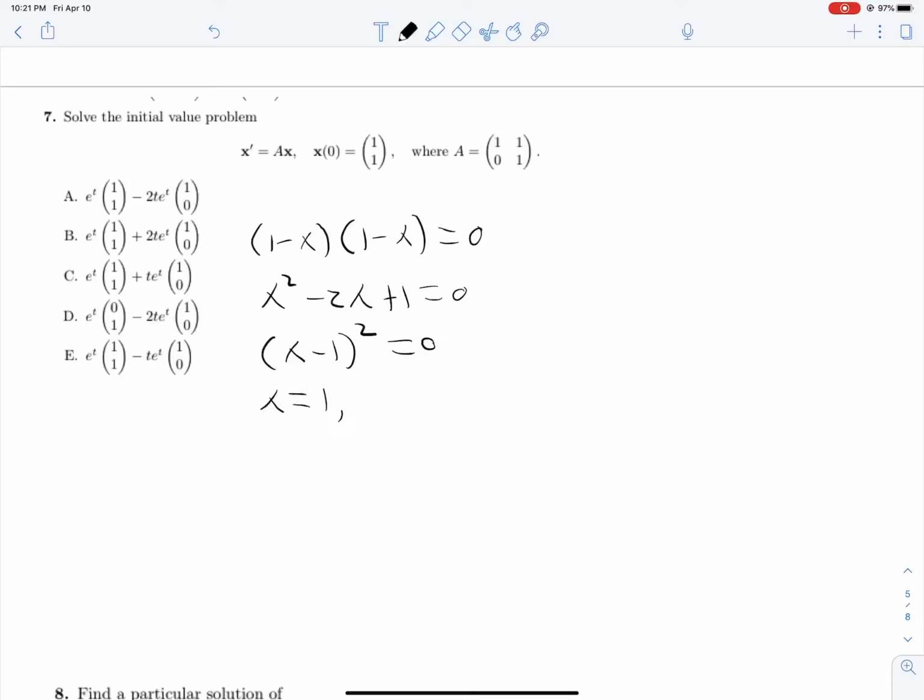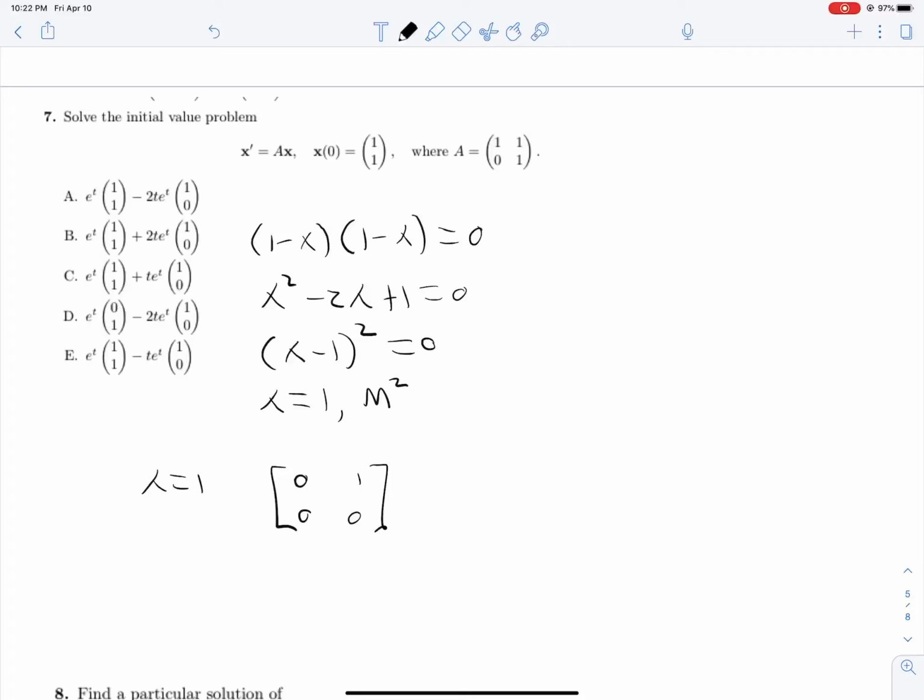Lambda is equal to 1 with a multiplicity of 2. So plugging in lambda equals 1, we would hope and pray that we get 2 eigenvectors out of this deal, but we can already kind of tell that we're not going to, because we will get 0, 0, 0, 1, which, since it only has one free variable, will only have one associated eigenvector.